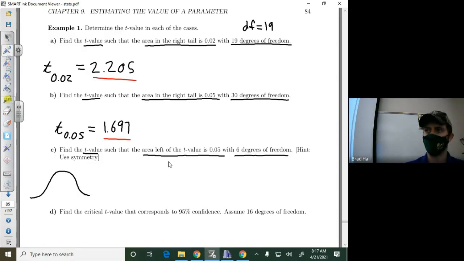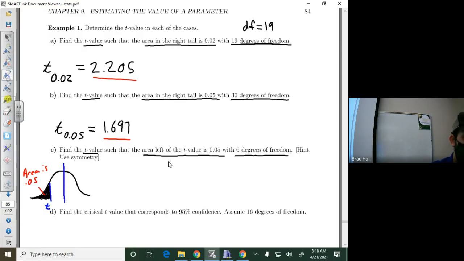The t distribution is bell-shaped. It's very similar to a standard normal curve. Now they want to know the t-value such that the area to the left is 0.05. That's what they want to know ultimately, that t-value. We know, though, that the graph is centered around 0, and our table in the back only tells us area to the right.